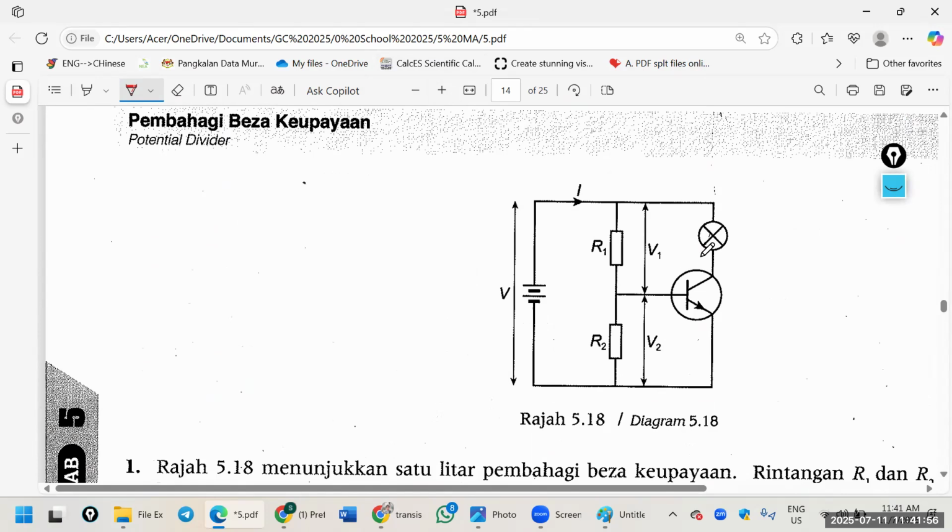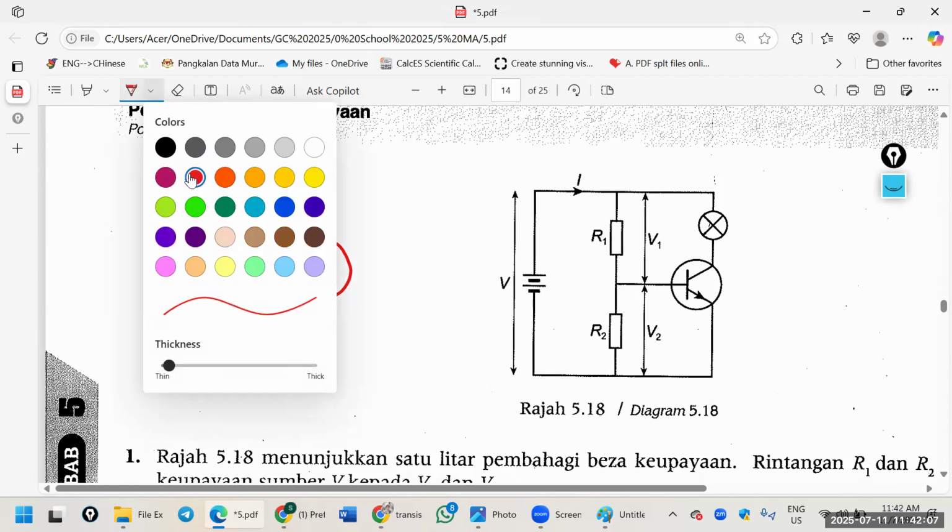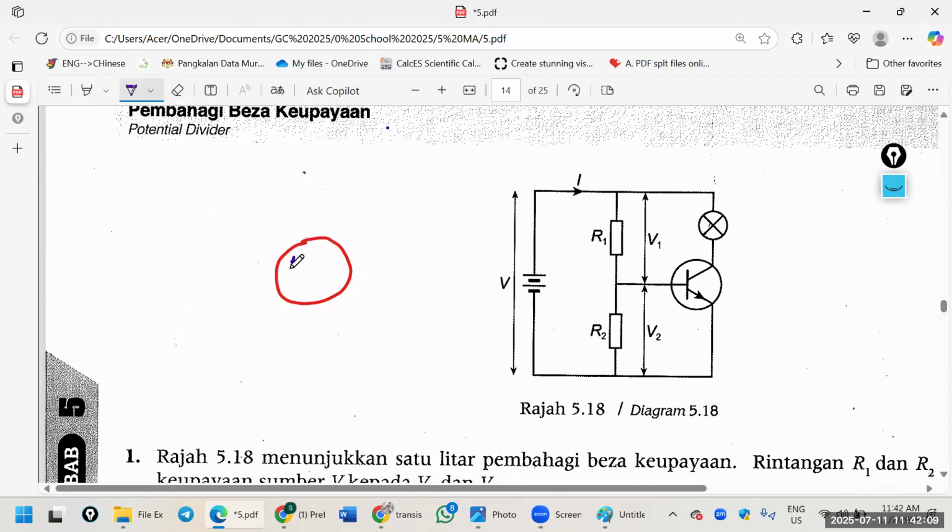Let's redraw the circuit. Let's draw the transistor at the center first. And for SPM, most of the time we use NPN, okay? So this is C, this is B, and this is E.